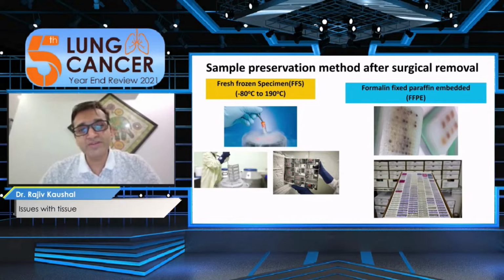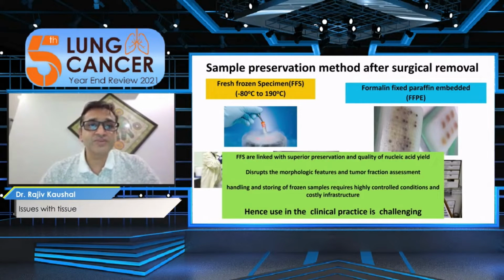When we consider it with respect to molecular testing, fresh frozen samples are considered superior because they might give a good quality nucleic acid yield, but handling of these specimens is very challenging, and even archival of this tissue is quite expensive.